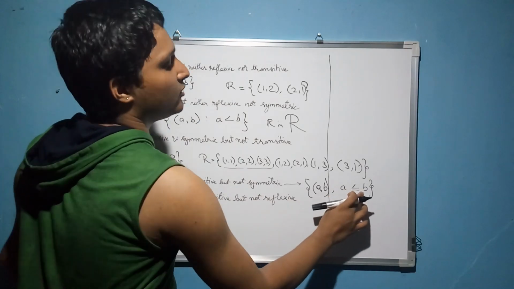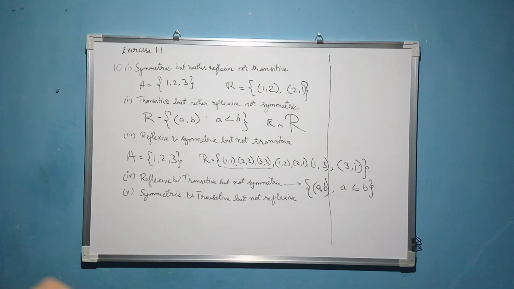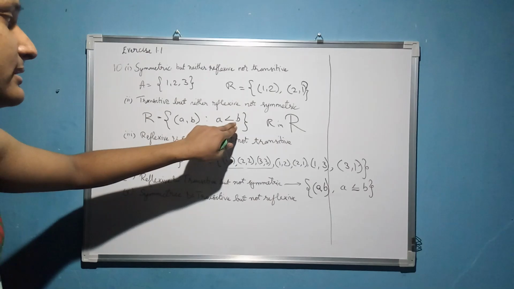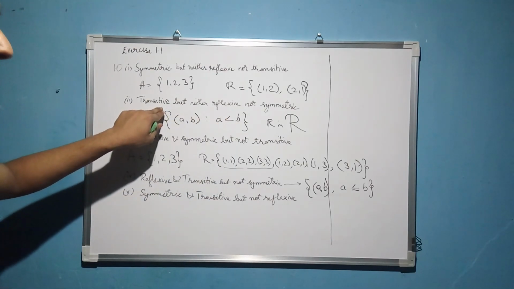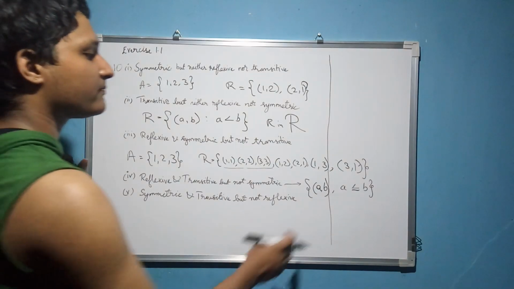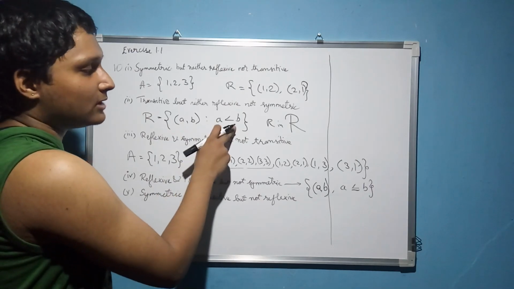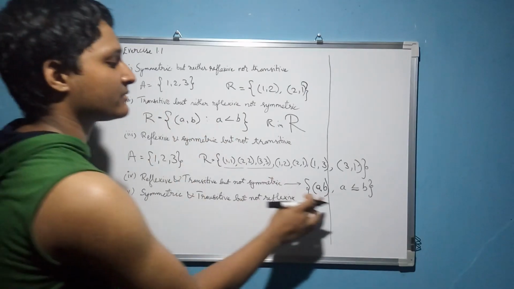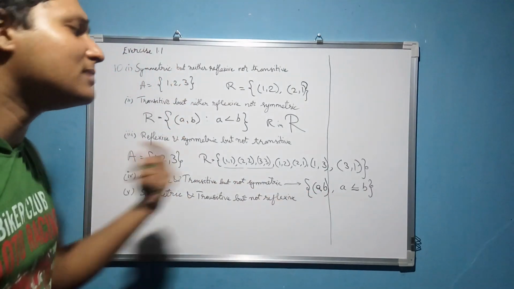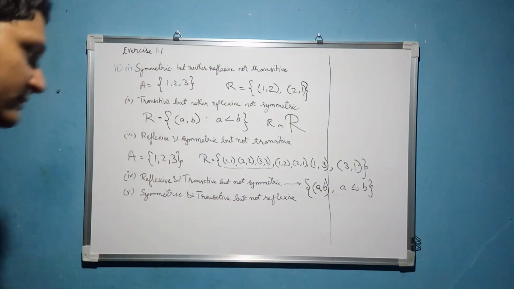The equal sign indicates that it is reflexive. When a is less than b, it is transitive, and since there is just one more case, a equal to b, the relation is also transitive. Therefore it is not symmetric.